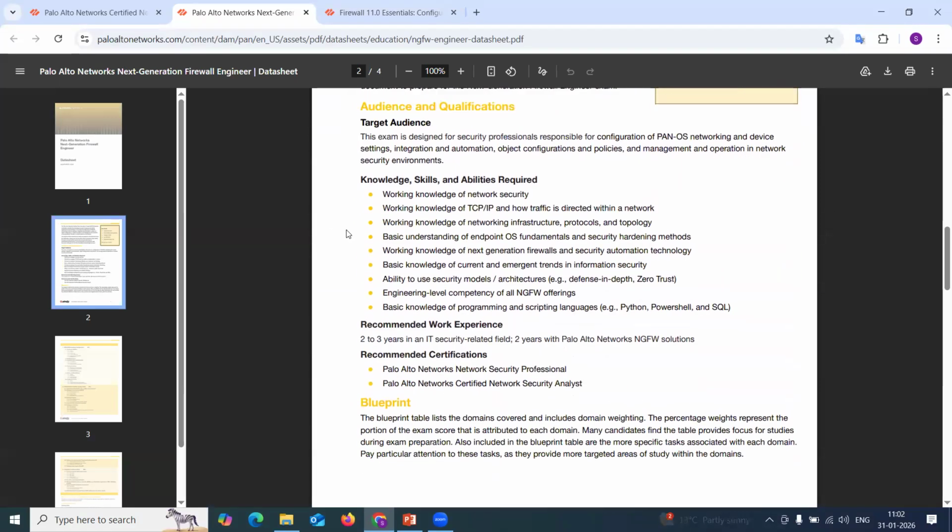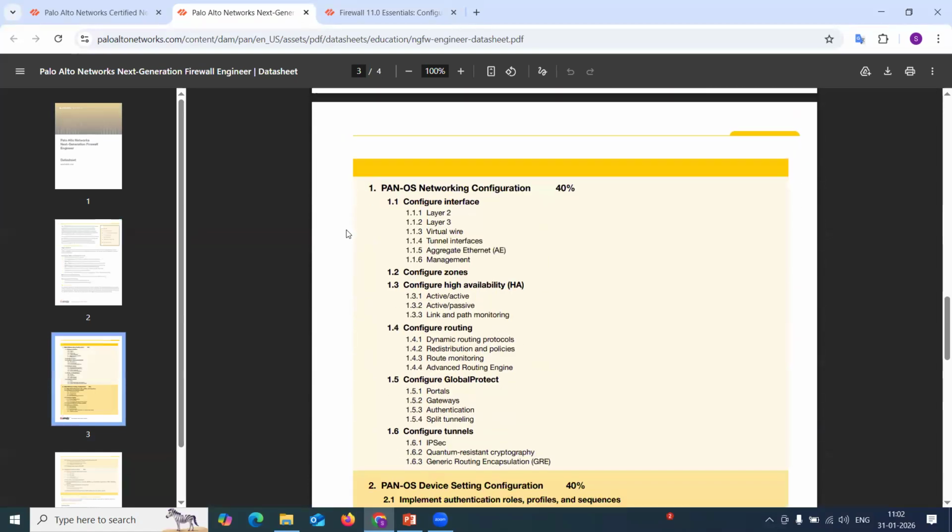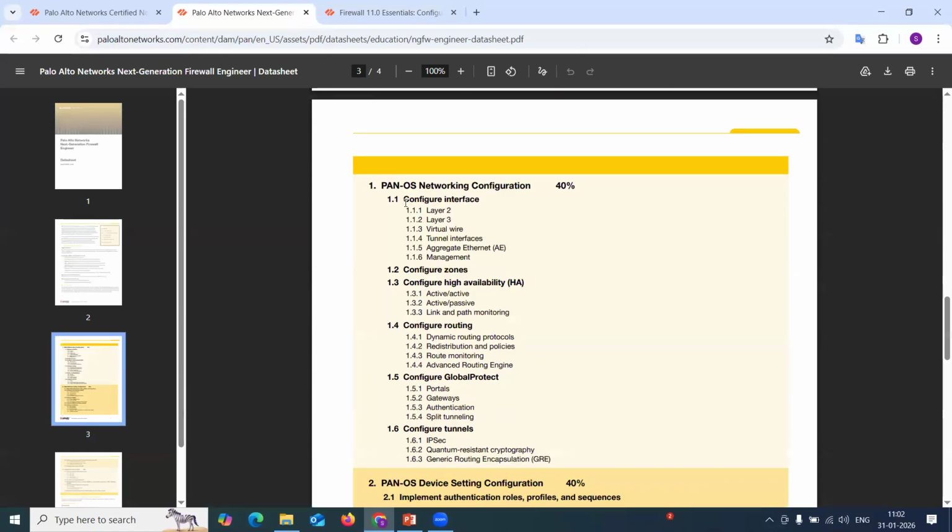Like here it is telling about configuration of an interface at layer 2, layer 3, virtual wire, tunnel, aggregate, HA, zone configuration, routing configuration, GlobalProtect. They are talking about advanced things over here.